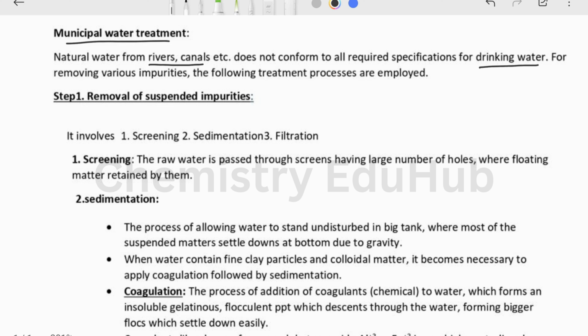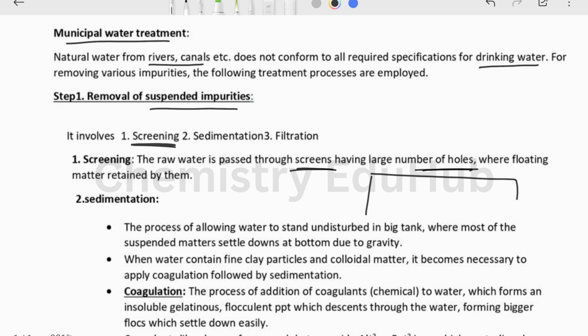The very first and basic step is to remove the suspended impurities. Suspended impurities are present in the water as tiny particles and heavy particles as well. So the first step in the removal of suspended impurities is screening. Screening is nothing but the raw water that is obtained from the canal or the reservoir being passed through screens having a large number of holes.